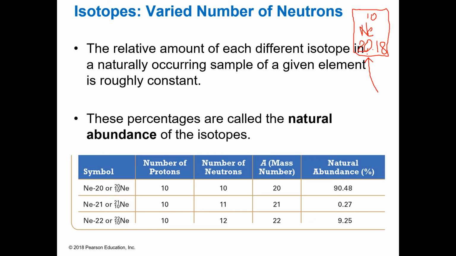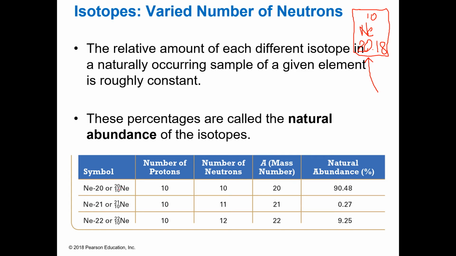If I look here, 20.18 is really close to 20, right? Closer to 20 than it is to 21, and definitely more than it is to 22. So I can probably assume that the isotope in the largest quantity is going to be neon 20. And I can see that here.